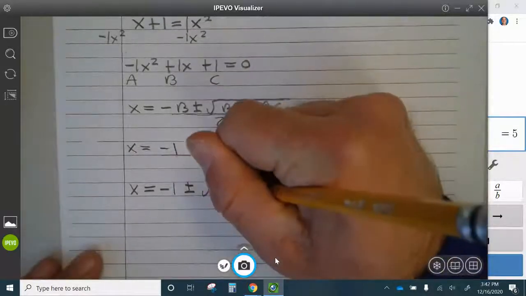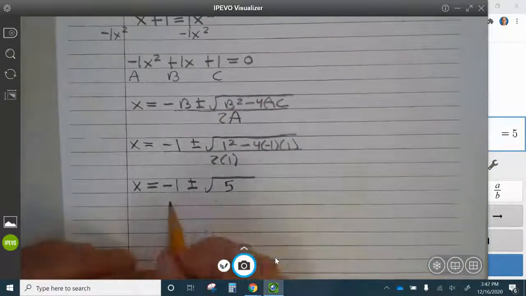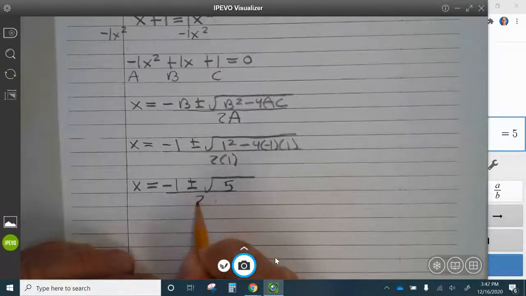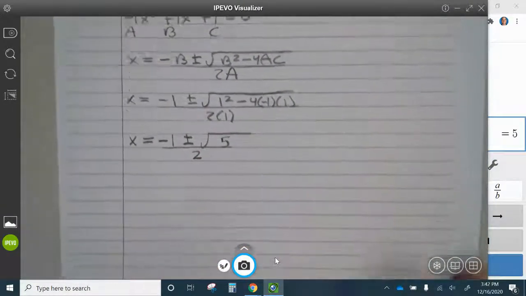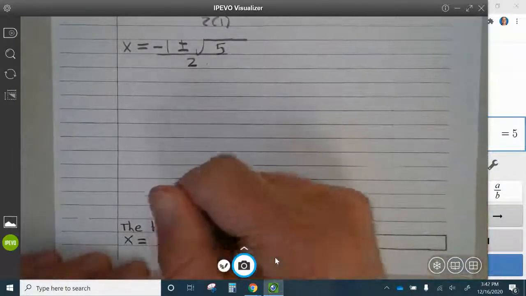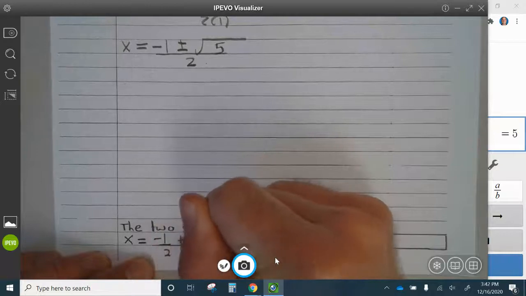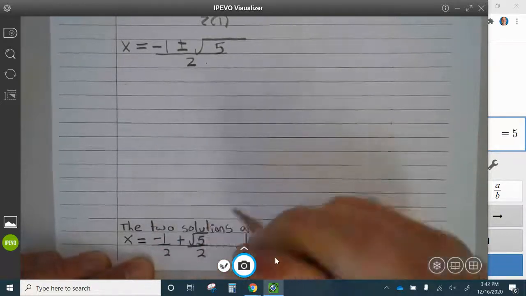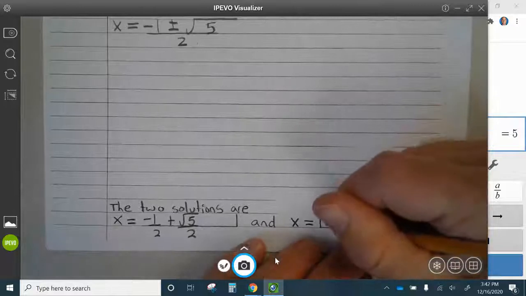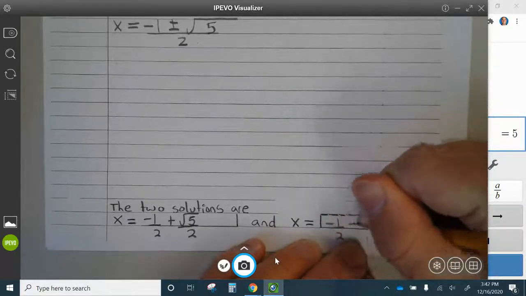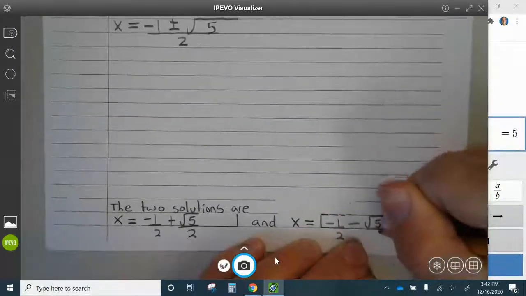Well, we know 5 is a prime number, so that's reduced as much as it can be, divided by 2. So the solutions are negative 1 divided by 2 plus the square root of 5 divided by 2, and negative 1 divided by 2 minus the square root of 5 divided by 2.